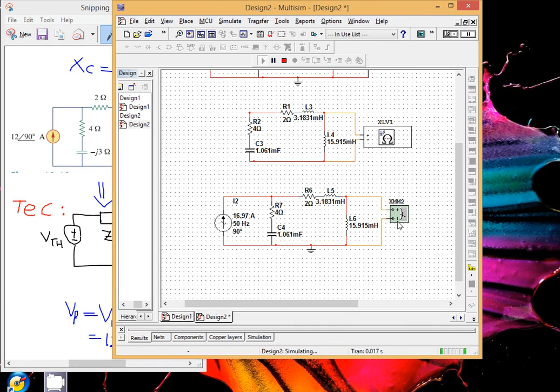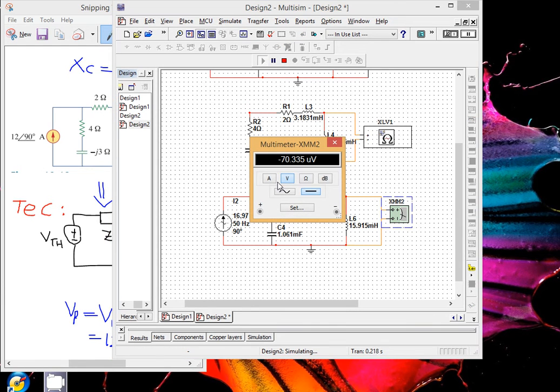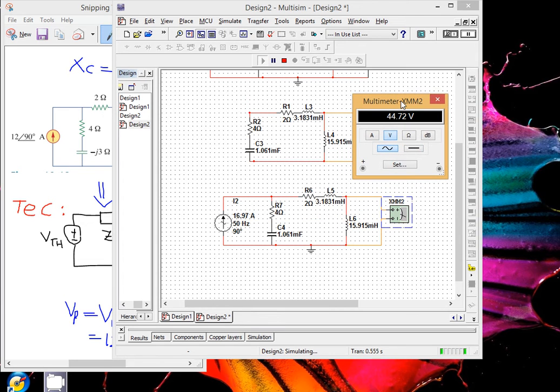And click run. So this is actually the magnitude value. So you need to find out what is the angle, phase angle.